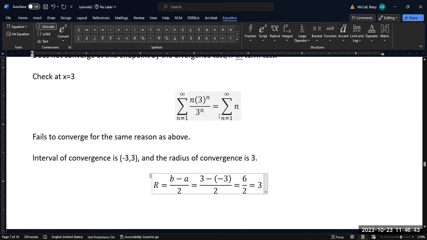P-series and alternating series are much more frequent occurrences at the endpoints. But of course, it depends on what the specific series was that you're testing as to how your expression is going to simplify. It's at the endpoints where you're going to use those other tests of convergence.